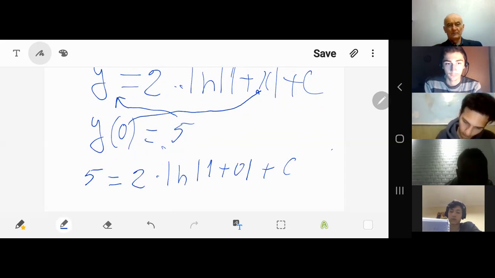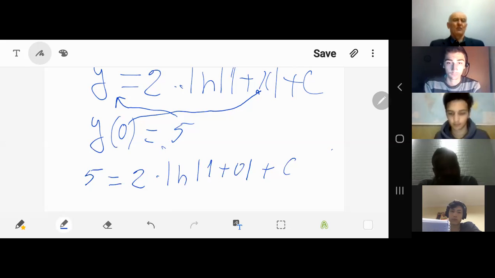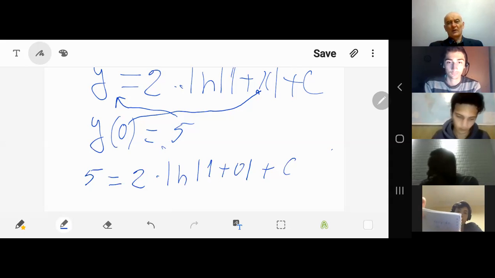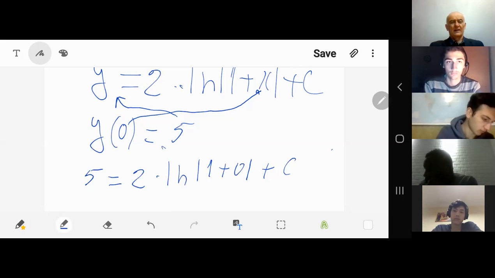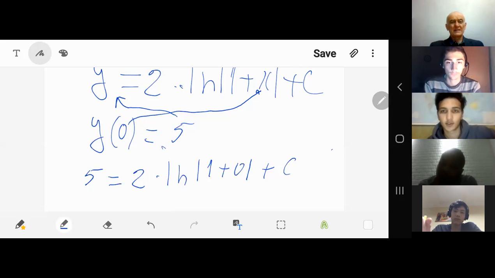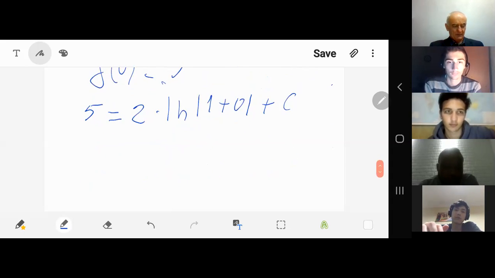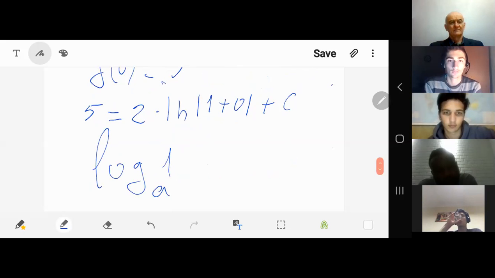Now, we know very well 1 plus 0 is 1. But what we need to know is, what is ln 1? Let's recall, ln is the logarithm with base e, the base of Euler's number. So what is the logarithm with base e of 1? It's 0. Why?